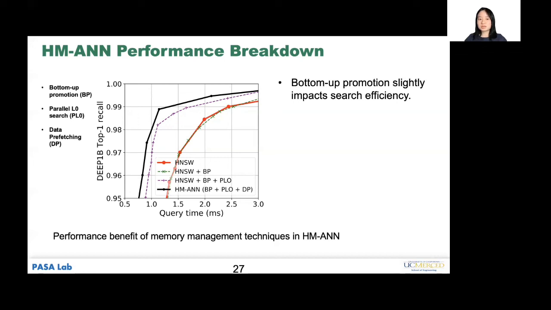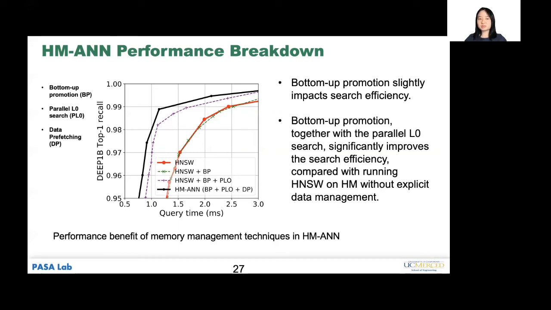The figure shows that the bottom-up promotion slightly impacts the search efficiency. The bottom-up promotion plus the parallel L0 search, whose performance is shown in the purple line, significantly improves the search efficiency compared with running HNSW on heterogeneous memory without explicit data management.